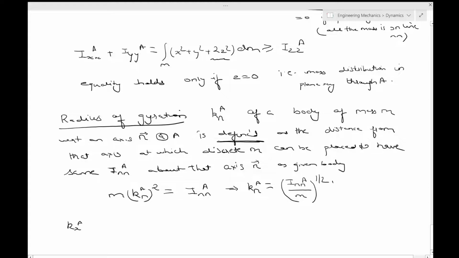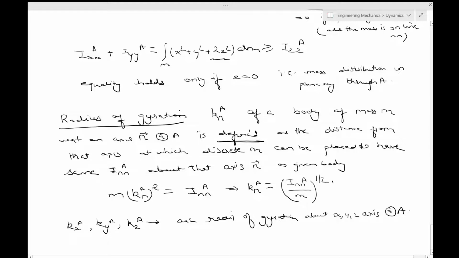So remember kxA, kyA and kzA are radii of gyration about the x, y, z axis at A. Okay, so that's what we had written, and this is how the radius of gyration is defined.